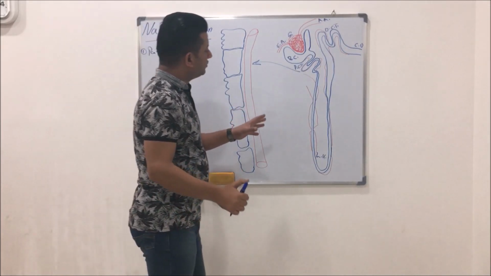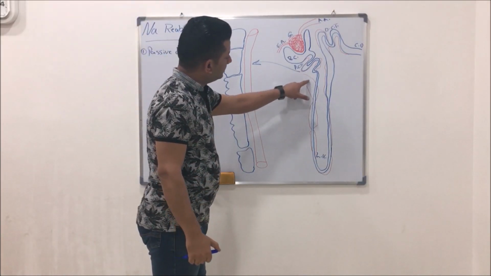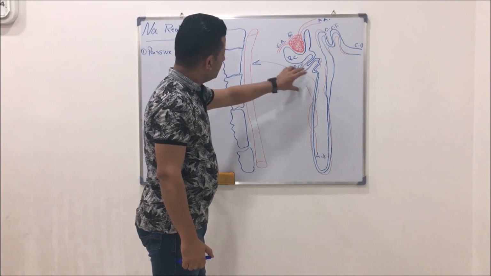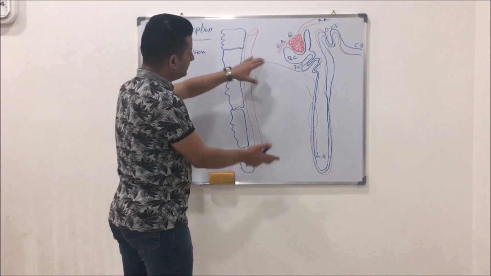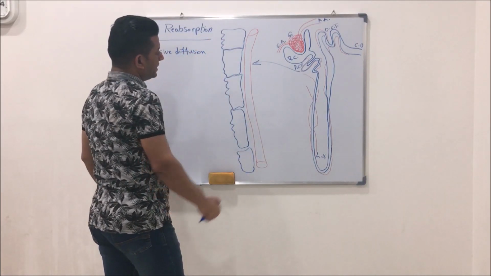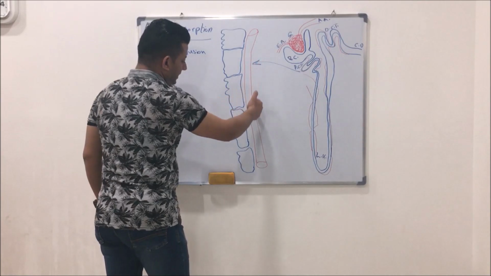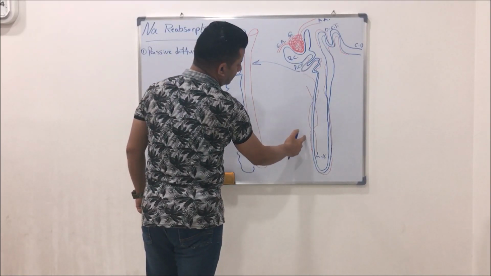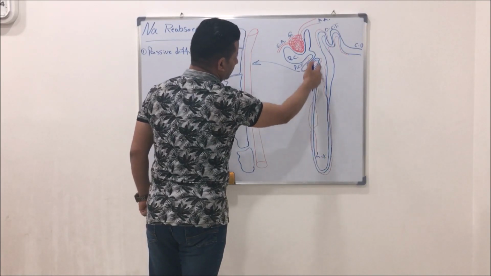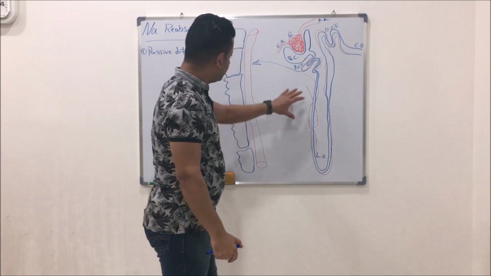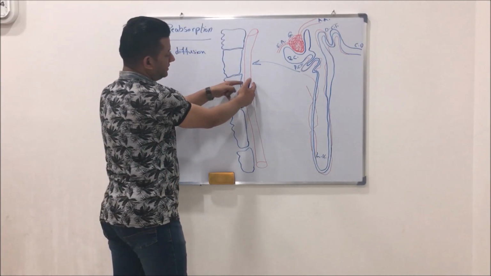So let's suppose together this is a part of renal tubule, and we have magnified this part to explain it. This is the peritubular capillary. The red color diagrams here represent the peritubular capillaries, and we have magnified them here.